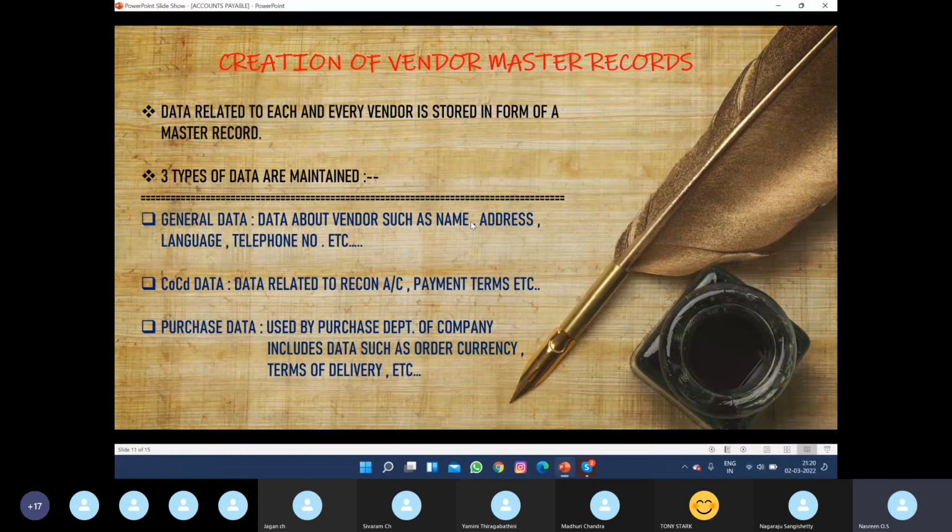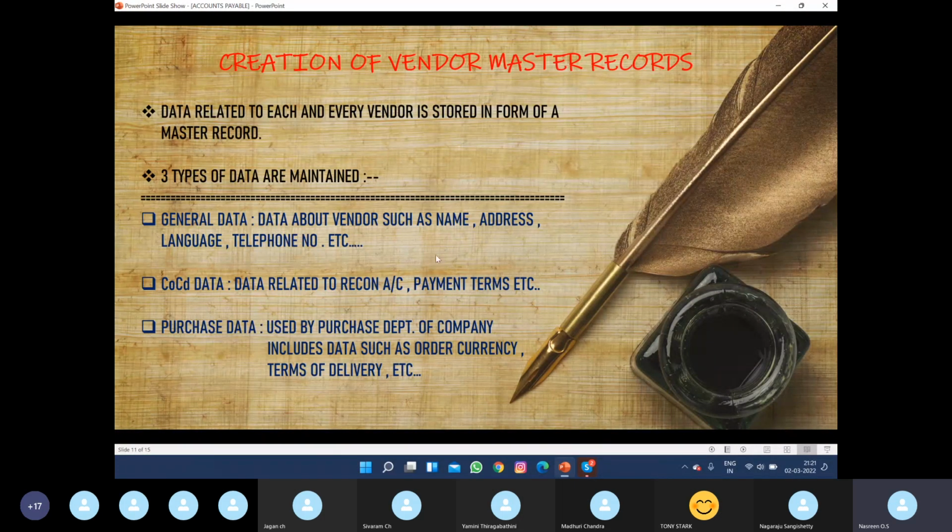What is the address, I mean, where is the company located? What is the language, which means, is it our local language or any foreign language? What is the language in which the business is transacted? What is the telephone number of the company?